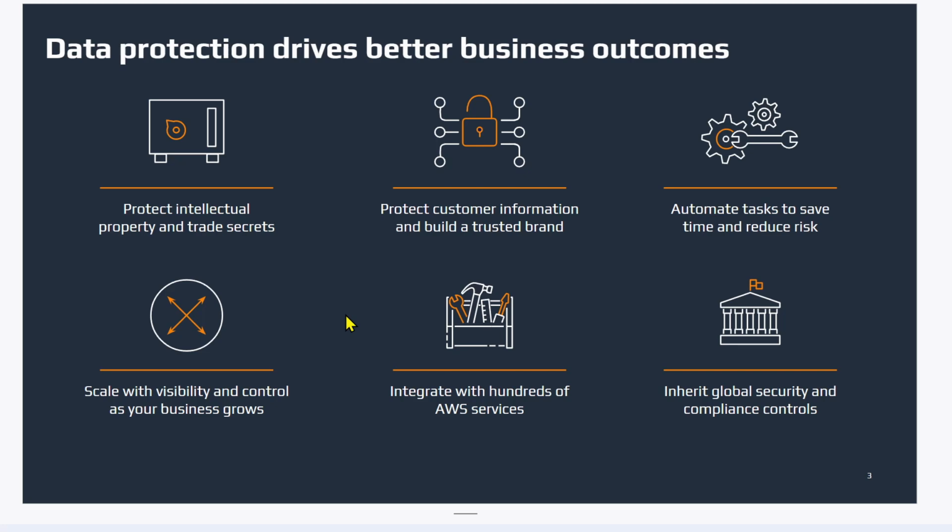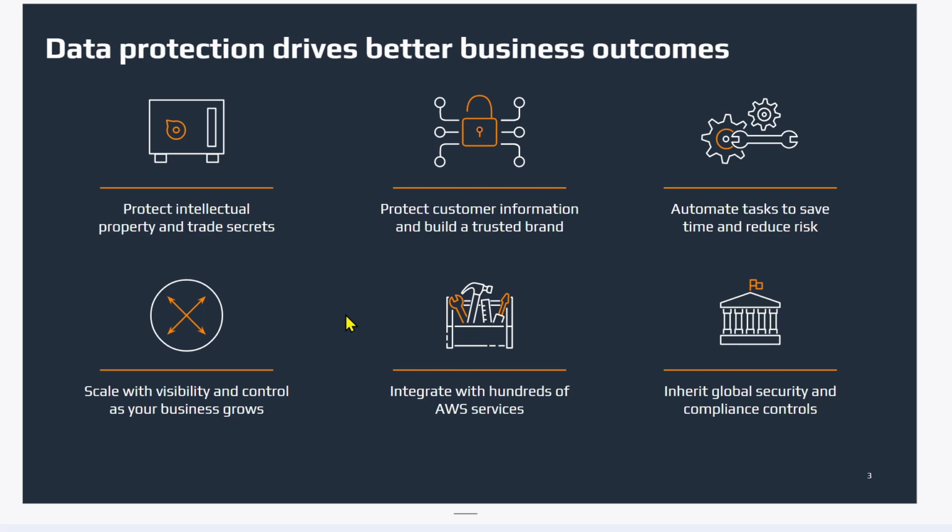That's the primary responsibility, and that's something which every organization wants to protect. You can automate the task, reduce the risk, remove the human layer out of it, and scale with visibility and control as you grow with your business.